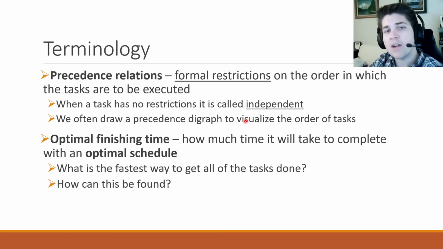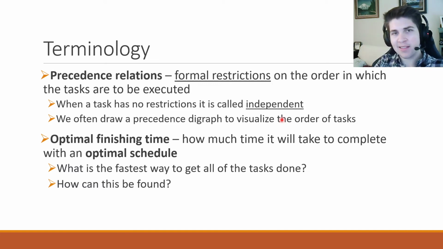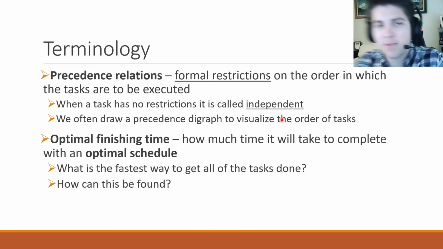And some tasks are independent tasks, meaning that they have no restrictions, like they can be done at any time, where there's nothing waiting on it to happen and nothing that has to happen first. Like for example, well, I can't think of an example off the top of my head, but we'll look at some later.